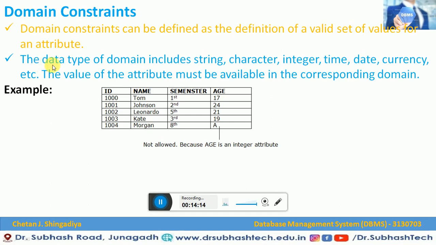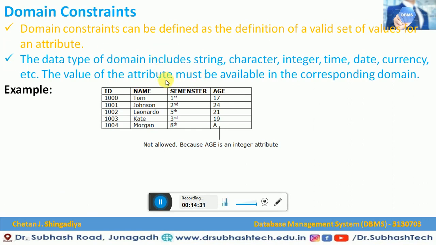The data type of a domain includes string, character, integer, time, date, currency, and the value of the attribute must be available in the corresponding domain.